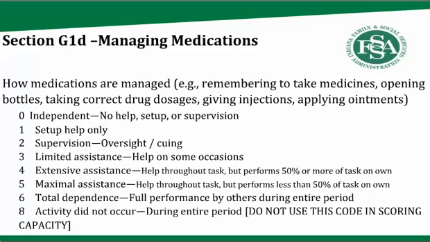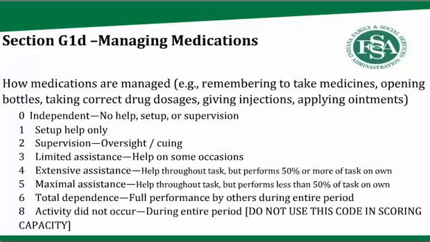So the next section here would be section G1, and this one is focused specifically on managing medication. Managing medication is considered an instrumental activity of daily living, or an IADL, and it examines an area of function most commonly associated with independent living.